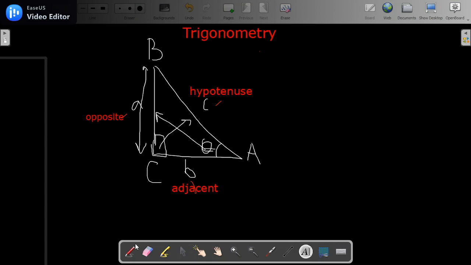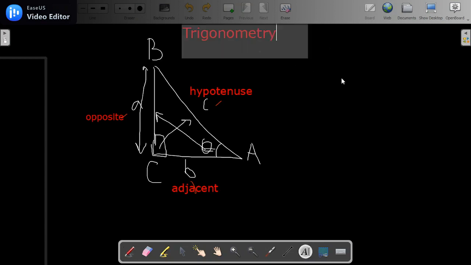So we can simply say, for BC, maybe I should construct it like this.